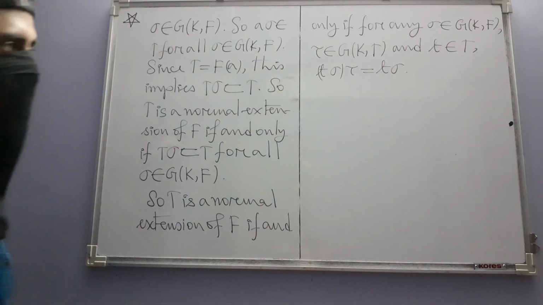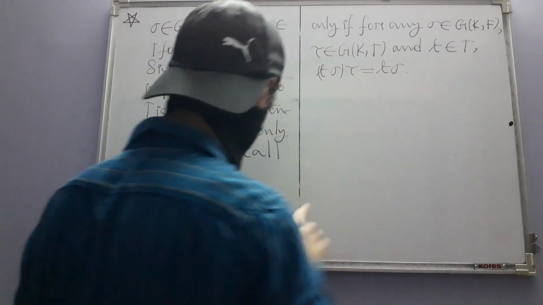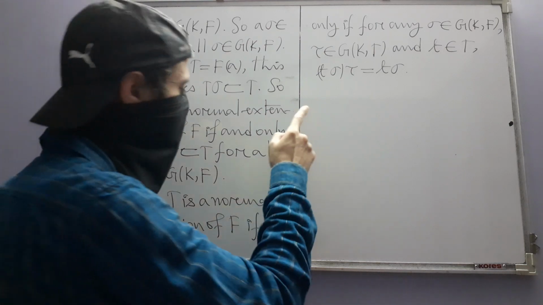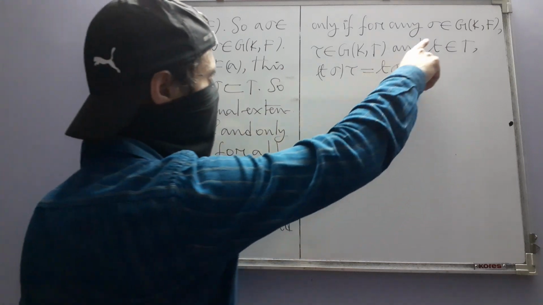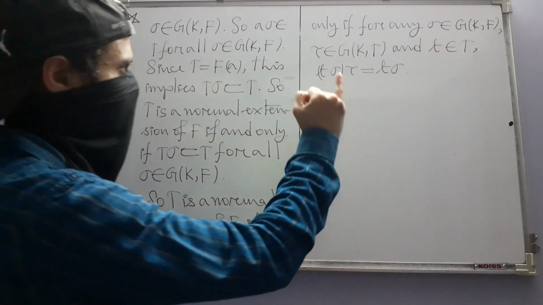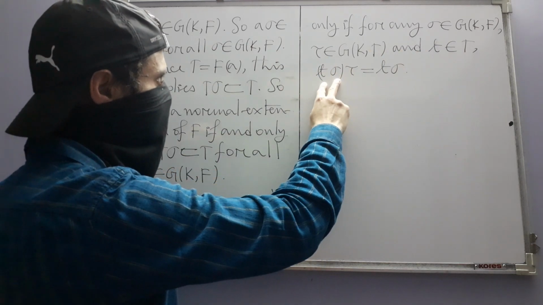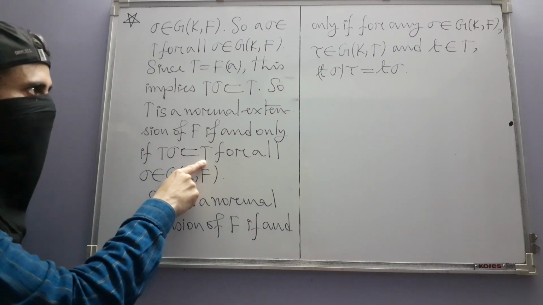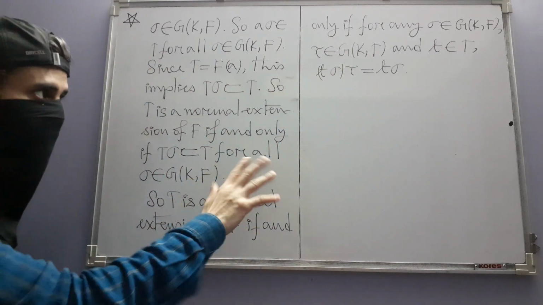Why though? Why is it the case? You see, normality of T over F is equivalent to having this thing, right? So now if we choose any σ from G(K,F), when you apply that σ on this arbitrary element t of T, this tσ will be where? Again in T. On that, if you apply any such τ, it's not going to change.